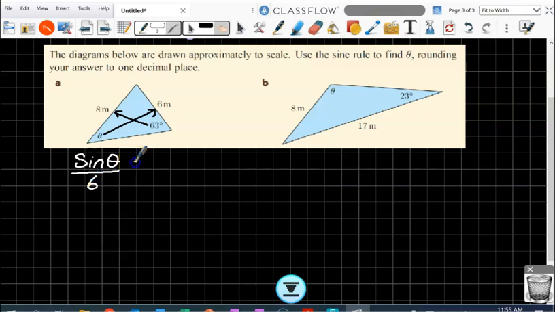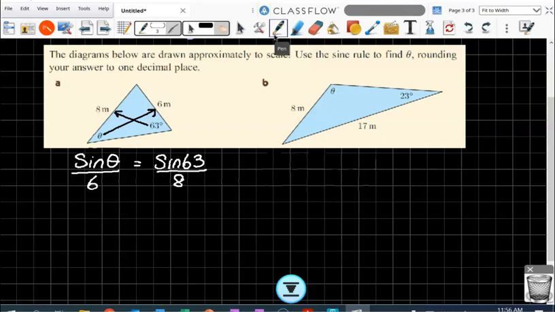It makes life easier if we have our unknown upstairs. If we did exactly what we did last time, we'd have 6 over sine theta equals 8 over sine 63, and then we either flip both of them, or do more algebra to get rid of divide by sine theta. So it just makes your life easier if you always have the unknown upstairs.